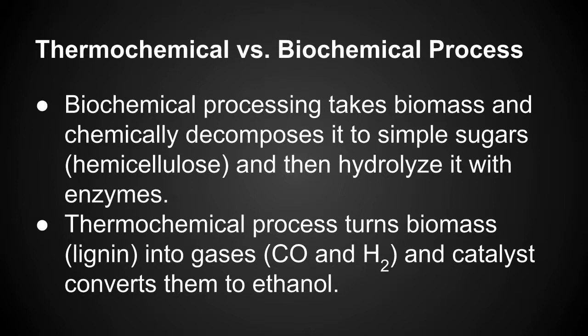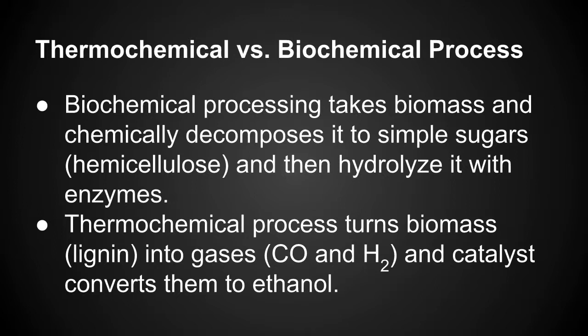Cellulosic ethanol is manufactured mainly by two processes: the thermochemical process and the biochemical process. The biochemical process takes biomass and chemically decomposes it to simple sugars, mainly hemicellulose, which is then hydrolyzed with enzymes.